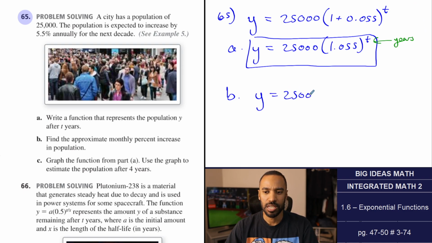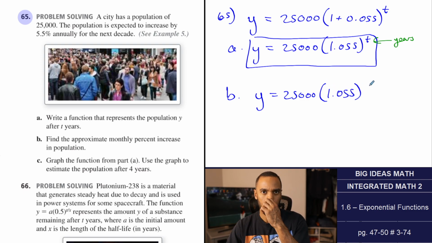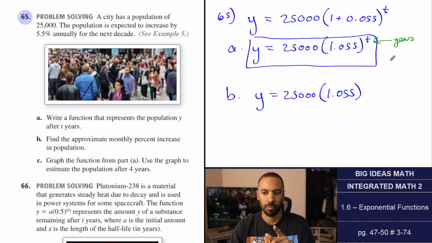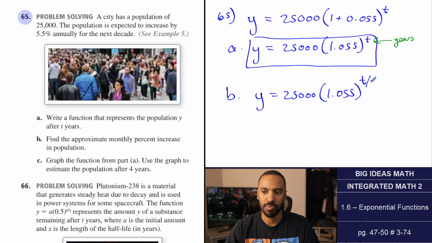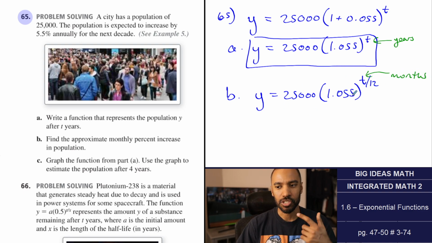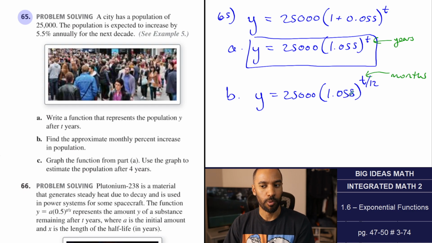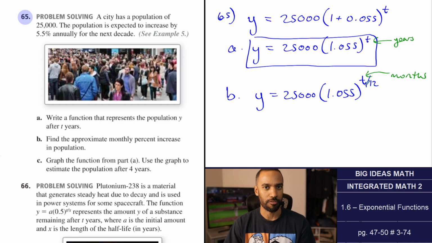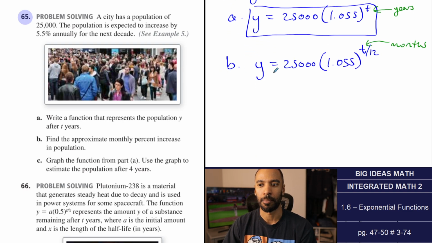So if we want to put t in months, we need 12 of those t's to be completed to make a year. I still want to make sure that I'm saying that right. So I think it's supposed to be t over 12, because now t is in months. And then if we work out the stuff that we want to do, it's not 5.5%. We need to do that to the 1/12th power thing on this. And then when we do that, then we'll figure out just how much it increased by each month from that.